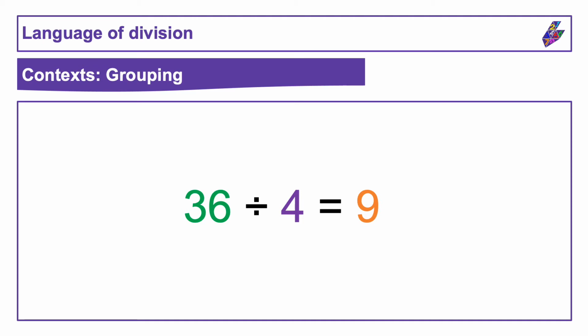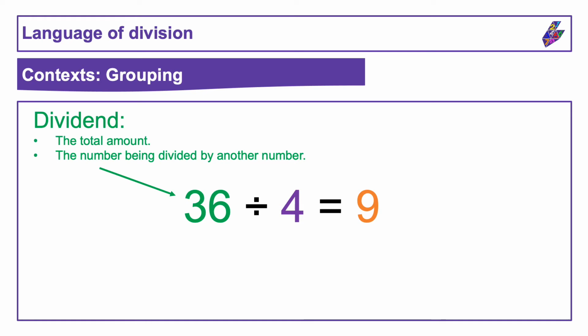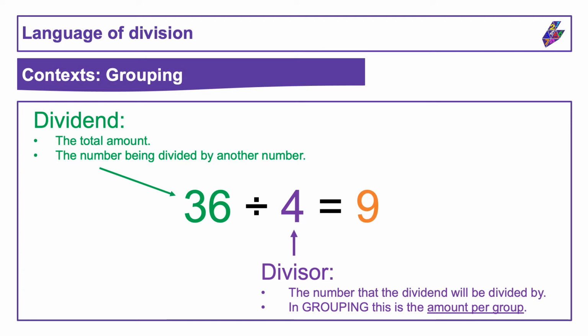If we use the equation from the previous problem, the 36 is the dividend. The dividend is the total amount, or the number being divided by another number. In this case, 36, the total number of basketballs, is being divided by 4, the number of basketballs per group. The divisor is the number that the dividend will be divided by.